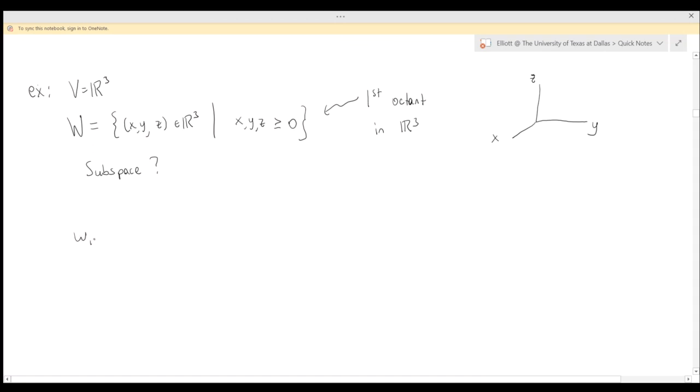If you have two vectors, and we assume that all of their components are non-negative, when you add them up, the components are also going to be non-negative.